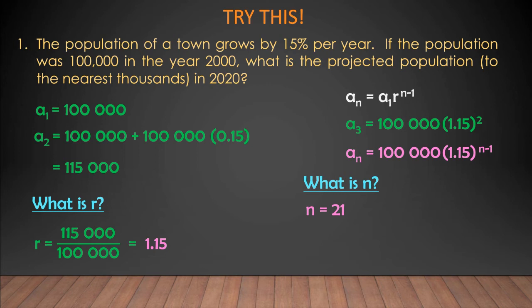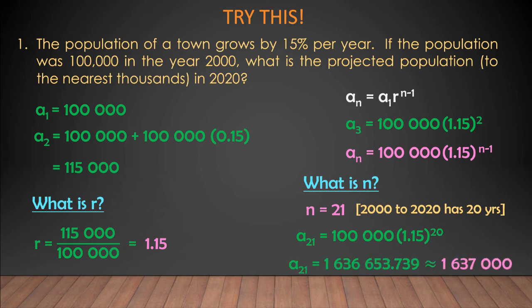Why? Because there will be 21 terms, because from 2000 to 2020, we have 20 years, plus the original 100,000, which is the starting population. So therefore, the number of terms here will be 21. So, A sub 21 will be equal to 100,000 times 1.15 raised to 20, because n minus 1 is equal to 20.